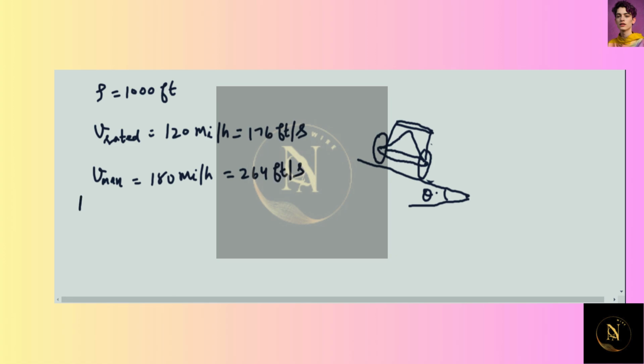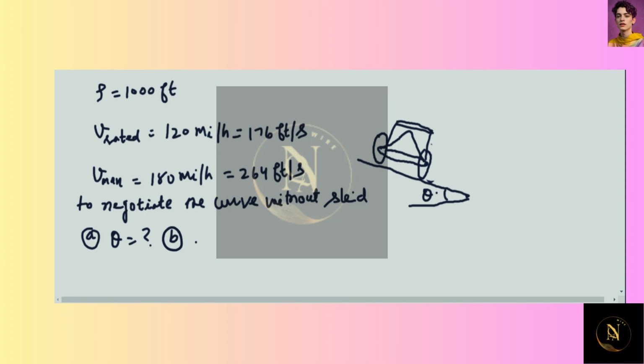To negotiate the curve without skid, calculate angle of banking, coefficient of friction and minimum speed to negotiate the curve.